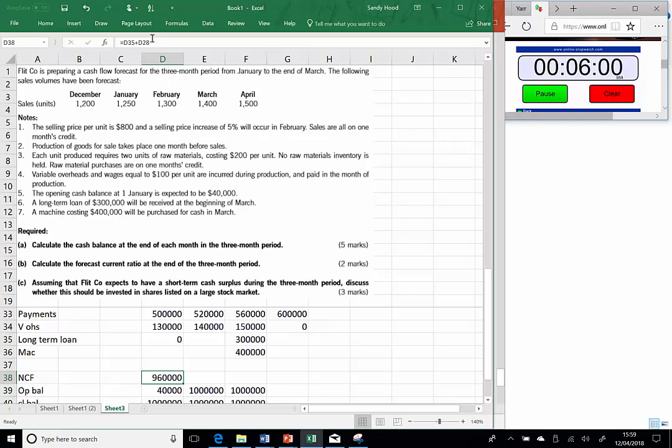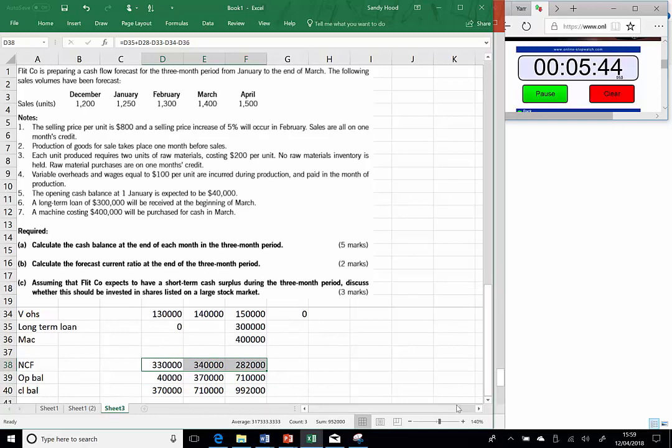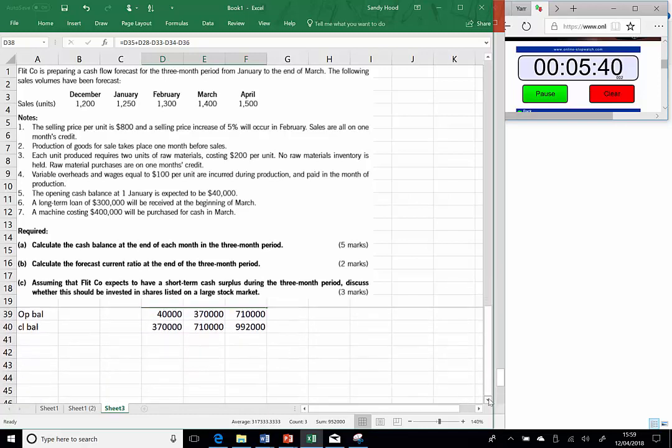And then I want the minuses, which are the payments, the variable overheads, and the machine. And I now have, at 5 minutes, with 5 minutes 44 seconds to go, I've got my 3 closing balances. So I did panic slightly earlier and thought that I haven't got enough time, but I have.